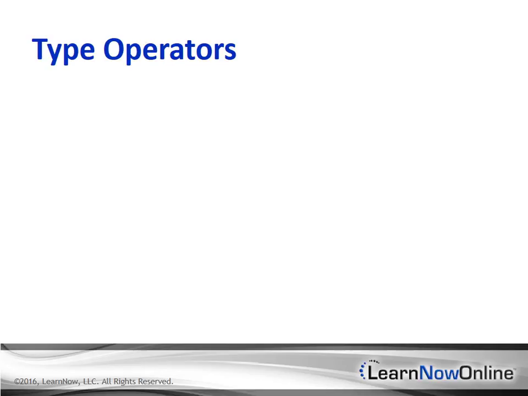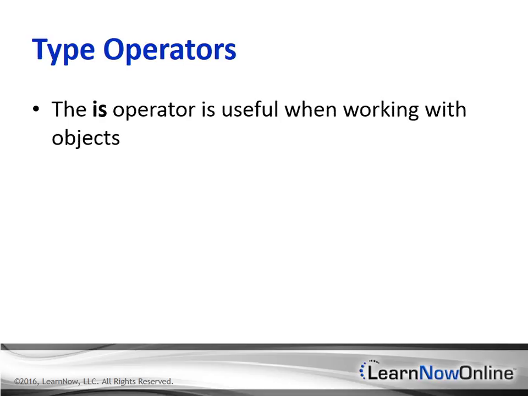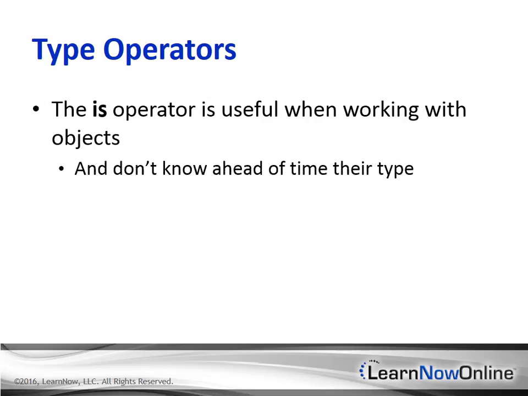Next up are the type operators. And there's really one operator and one method that I want to talk about here, because the method essentially does a very similar sort of thing. So the operator is the is operator. And this is useful when you work with objects and you don't know ahead of time what data type an object represents.